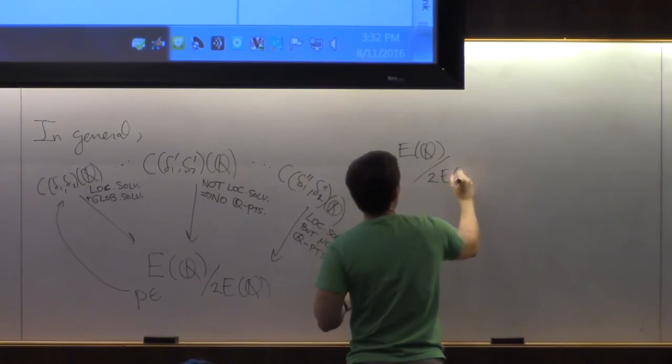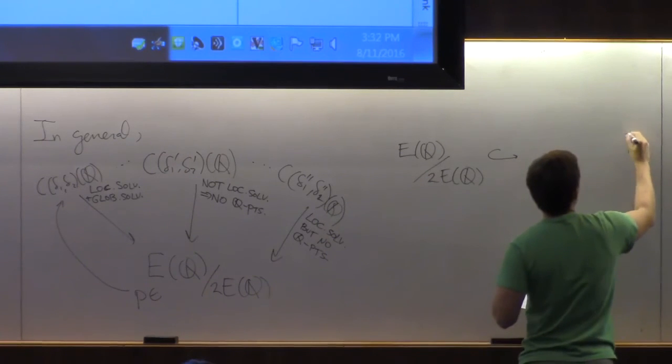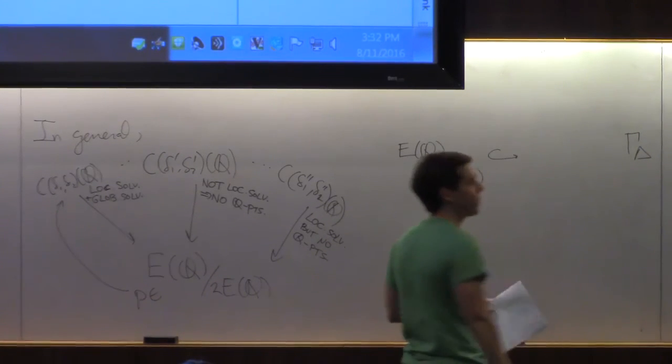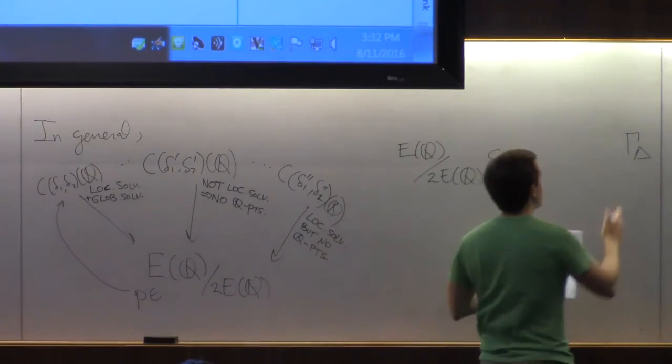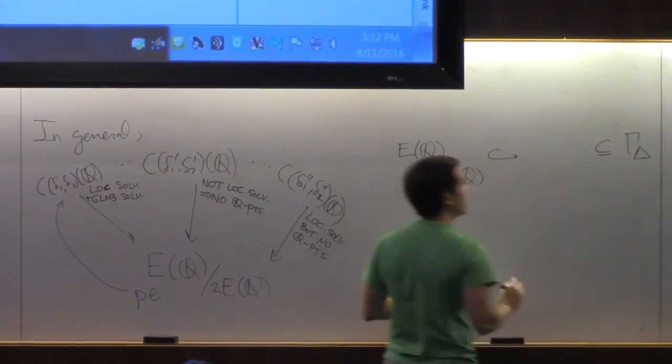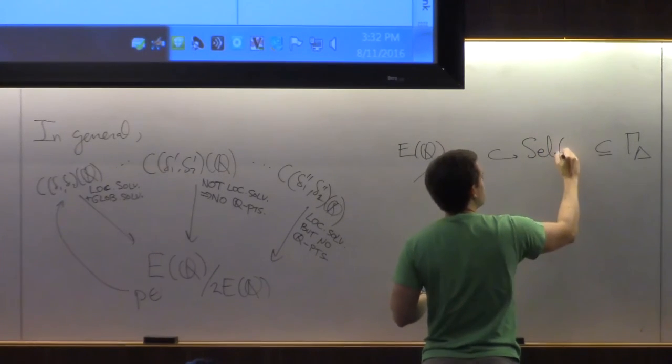So those will actually be a subset. So we have all of them. This has all the spaces. But then within those are those that we call the Selmer elements.